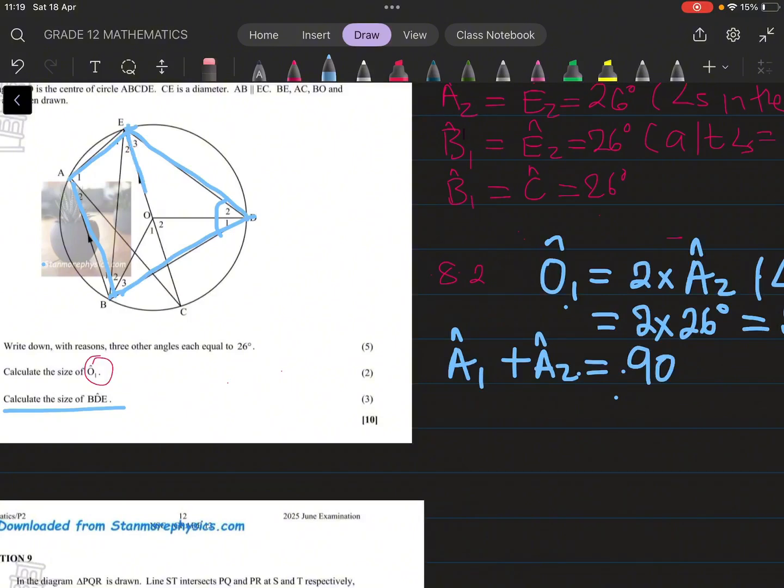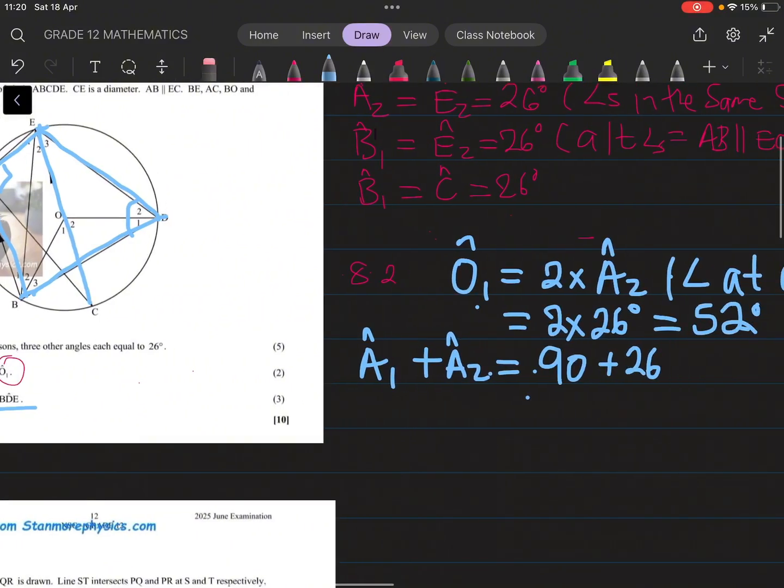Because EC is a diameter, and a diameter subtends 90 degrees. So it means here we're going to have 90 degrees, and then plus 26 for A2, which is proven above. When we add the two, we're going to get 116 degrees, right?